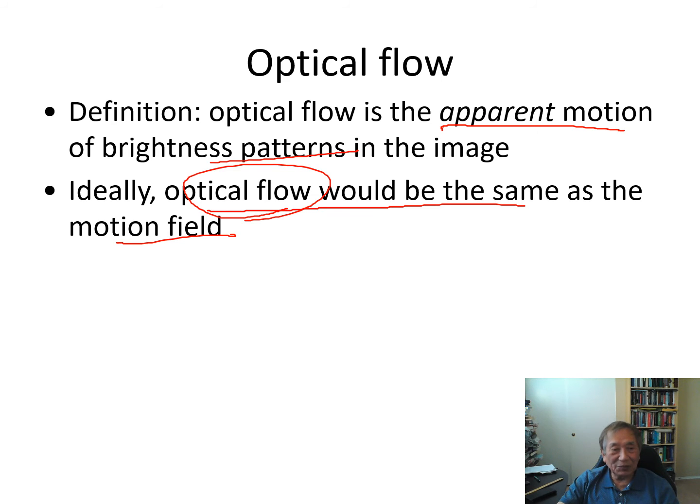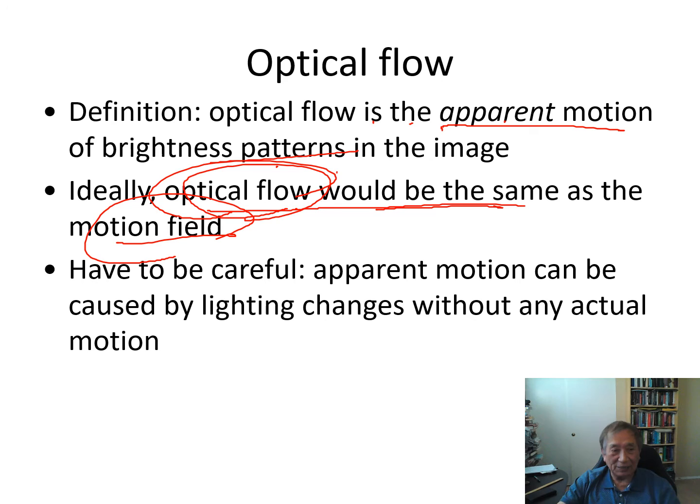So this optical flow is how the values change as the motion occurs. The flow and the motion field should be the same, but sometimes, depending on the angle and the discrepancy of the speed, it may not be exactly the same.